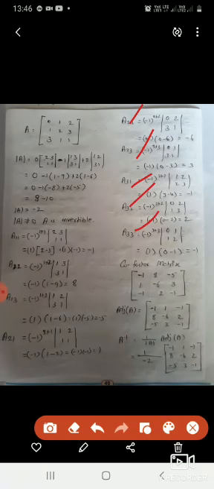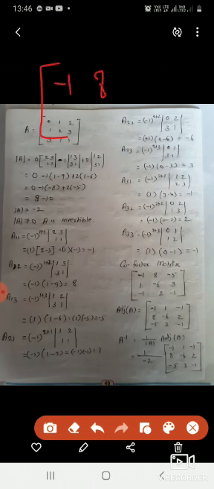After finding all those values, we are going to write the cofactor matrix. What values have we found? A11 is minus 1. A12 is 8. A13 is minus 5.